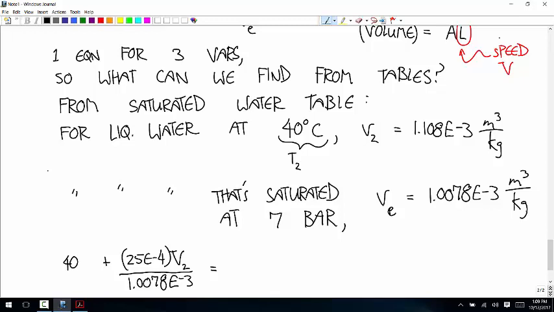Yeah, it's wrong. V2 should be... The specific volume for liquid water at... Right. Do I have those? I think I might have just given you the numbers wrong. I wrote it wrong here.